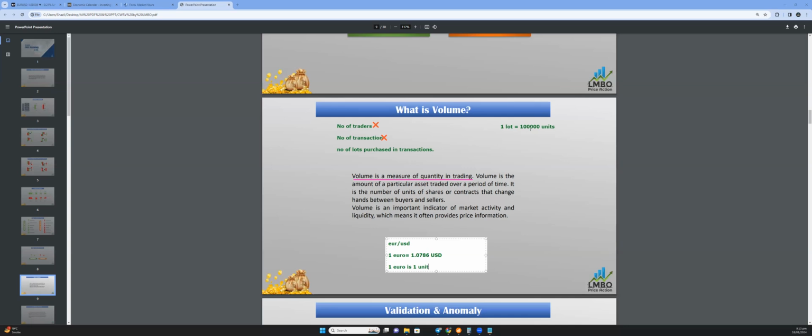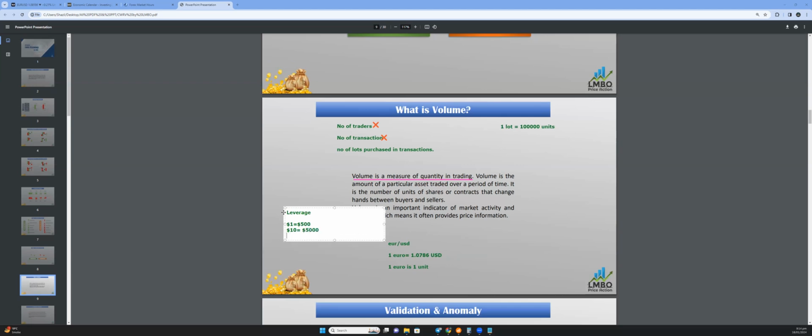Is it possible for someone to invest 1 lakh euro? Yes, it is possible, because of leverage. When we trade the Forex market, we get leverage from the Forex broker. The broker says, you invest $1 and I will convert it into $500. You invest $10 and I will convert it into $5,000.